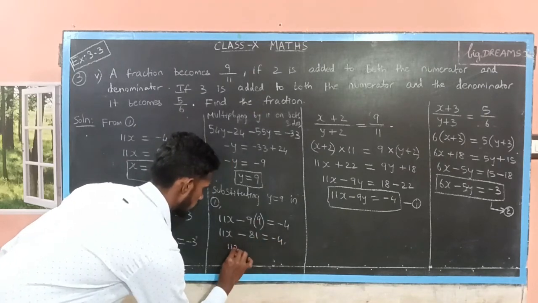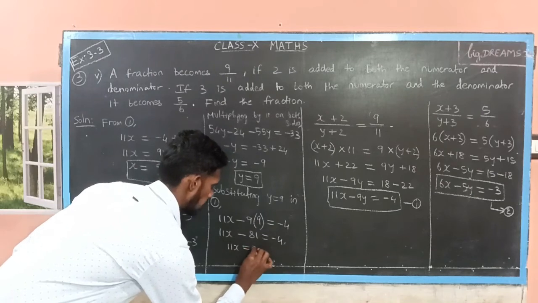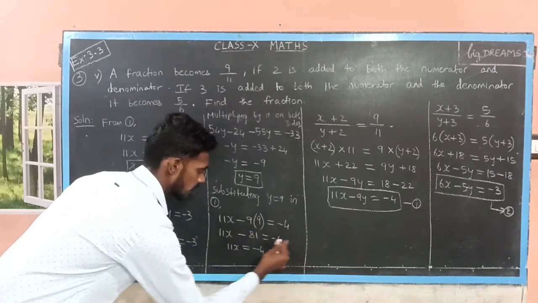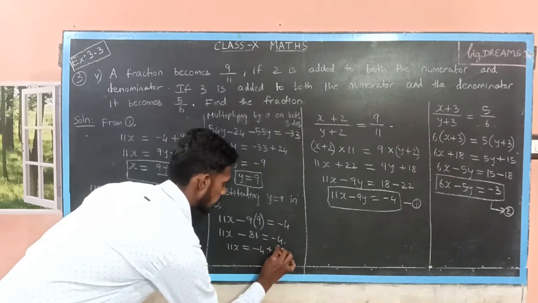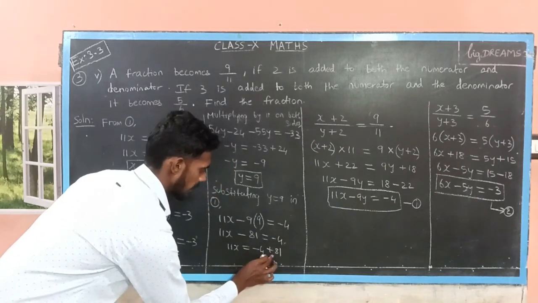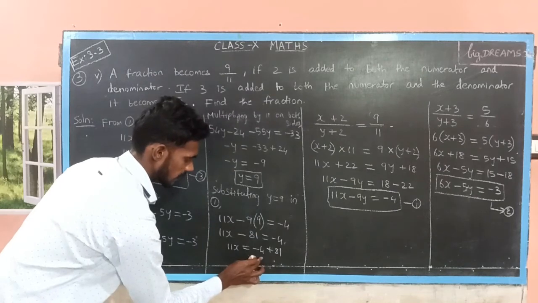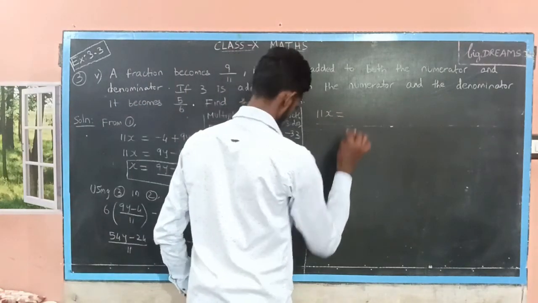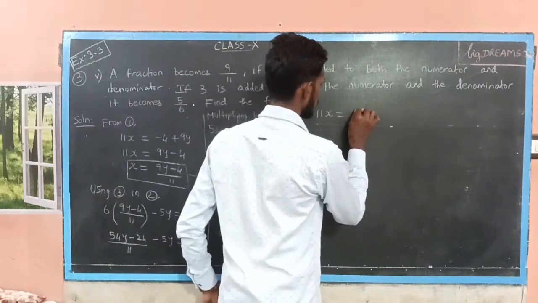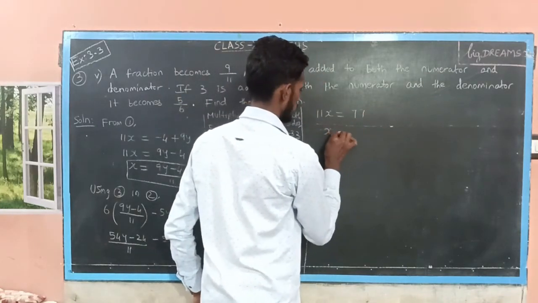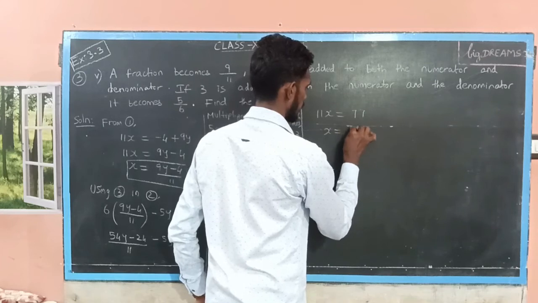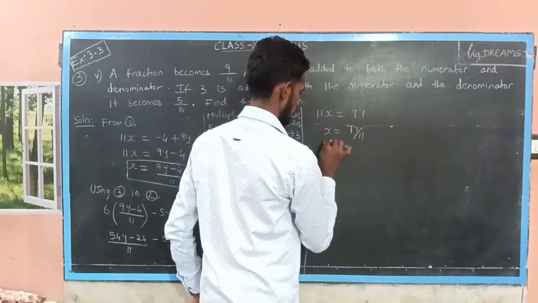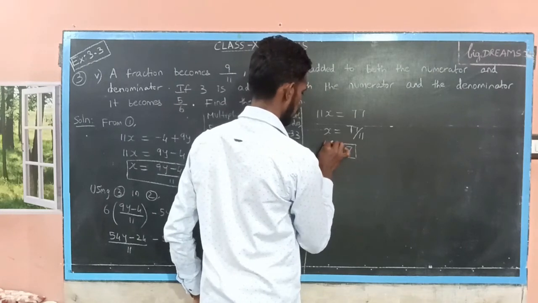So 11x is equal to minus 4 plus 81. When minus 81 goes to the right side, it becomes plus 81. So minus 4 plus 81 is 77. So 11x is equal to 77, x is equal to 77 divided by 11. So x is equal to 7. Thus we have found the value of x also.